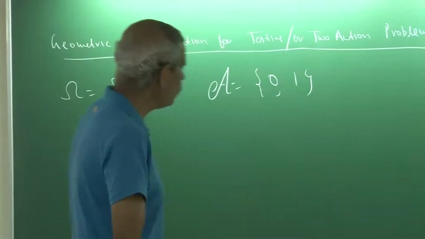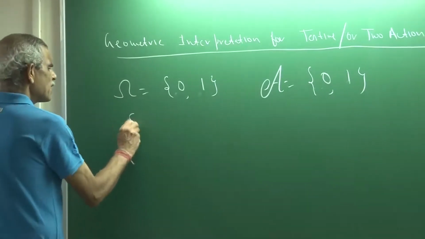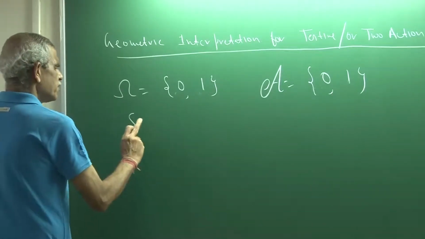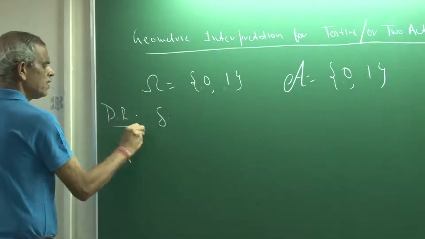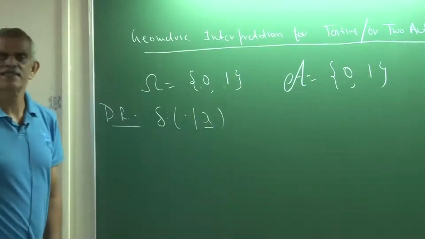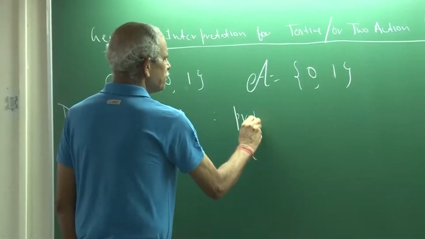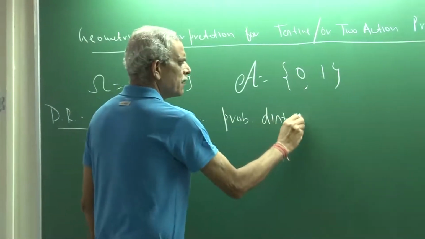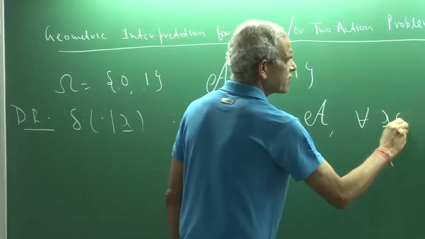Let us look at the decision rule the way we did in the testing problem. So the decision rule is delta, or delta of x, and what is this? It is a probability distribution on the action space for every observed value of x.